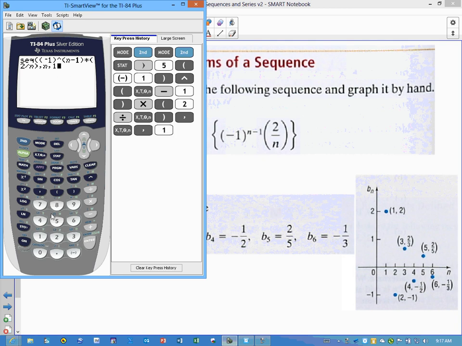So it's comma 1, comma 6. So again, it's the sequence of the general term as n goes from 1 to 6. And then I can close my parenthesis.